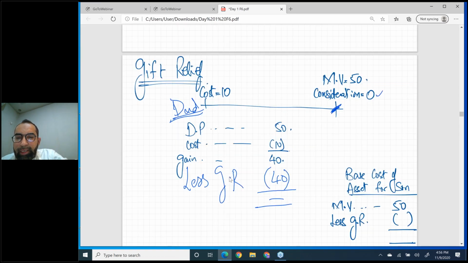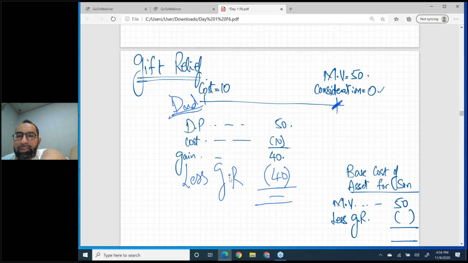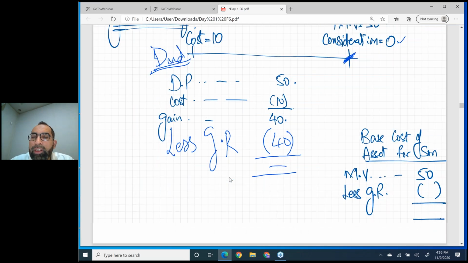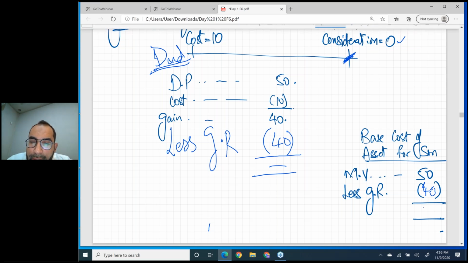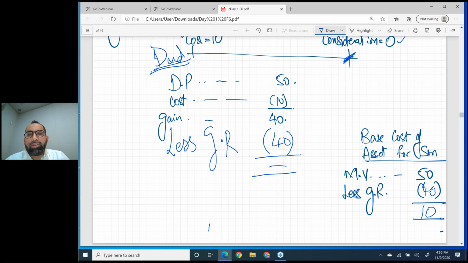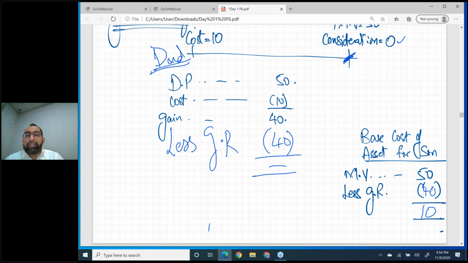Now the student says, sir, how? See, the base cost of the asset for the son will be reduced. The son just got the asset with a market value of 50, and the gift relief, the deferral amount, is 40. I've just reduced 40, so the base cost of the asset for the son is 10.